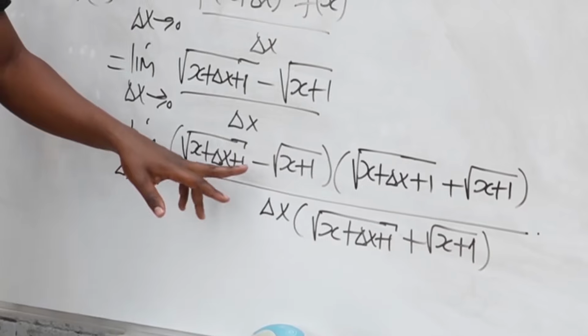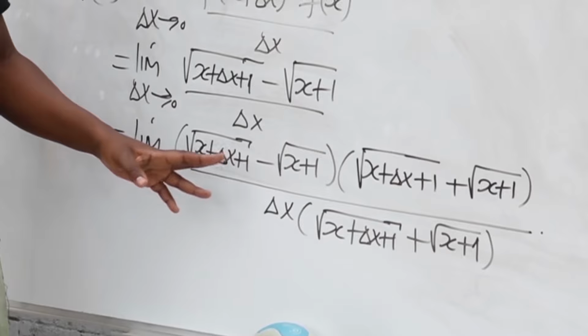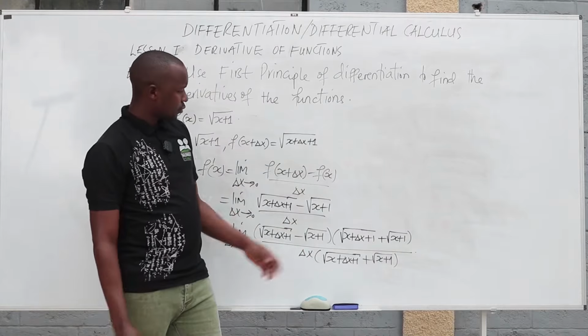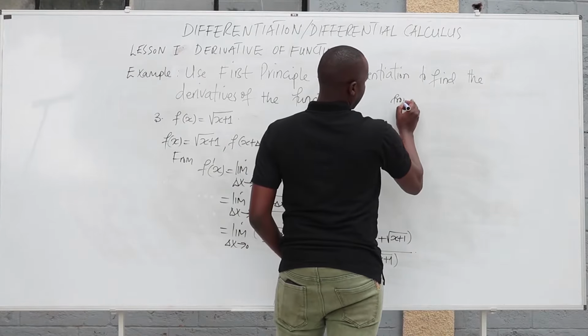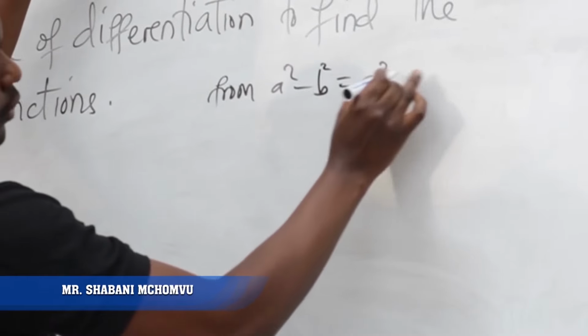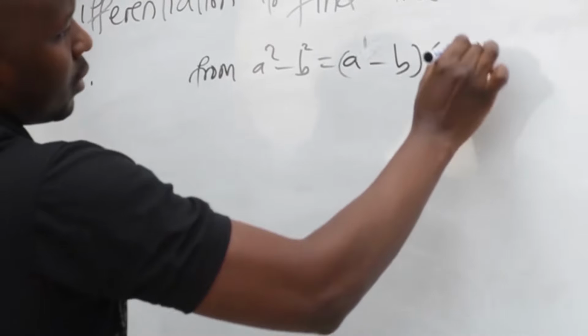Now look at the top expression here. There is a way of either multiplying by opening the brackets, or we can apply the difference of two squares. From this concept, a squared minus b squared equals a minus b times a plus b.